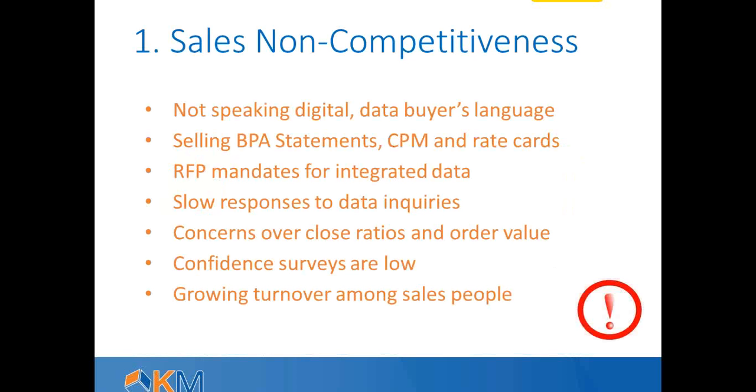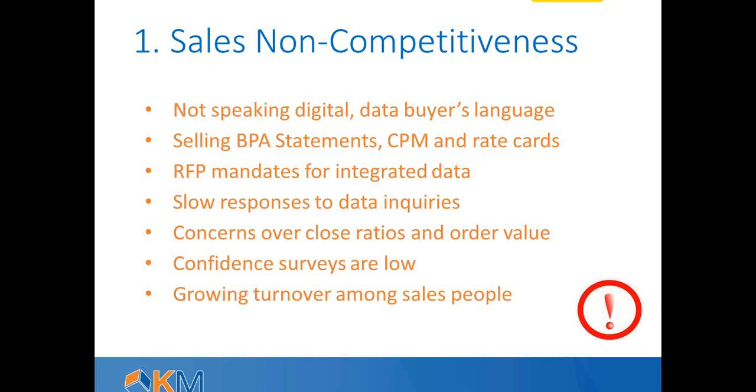Okay? Issue number 1 is sales non-competitiveness. Those of you that are sales leaders or salespeople or people that are observational of sales, we're hearing a lot of concerns and a lot of feedback about publishing and media salespeople being, quote, non-competitive, and here's why.